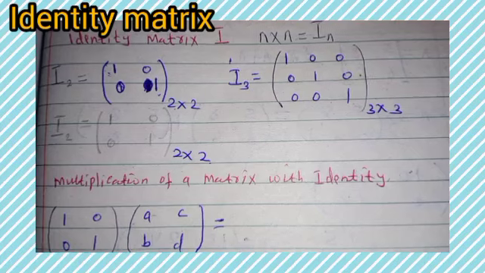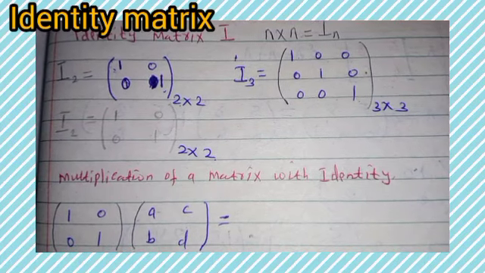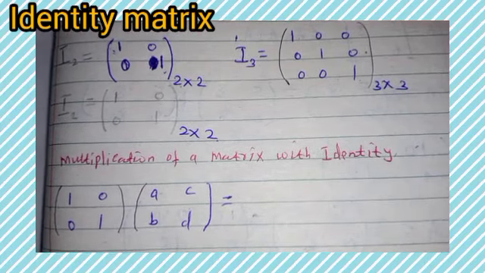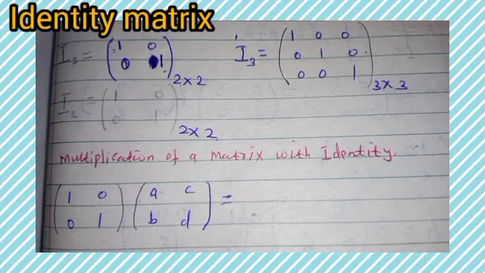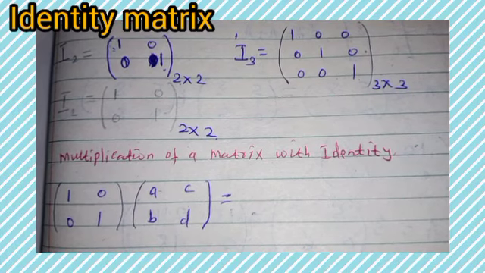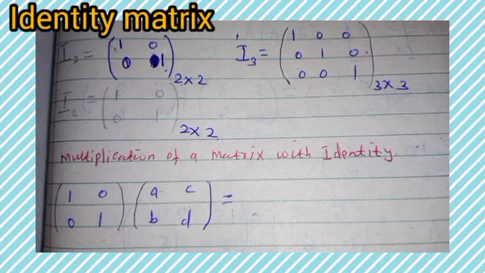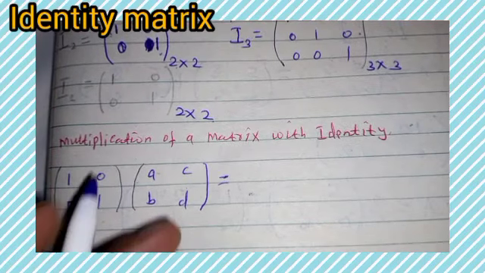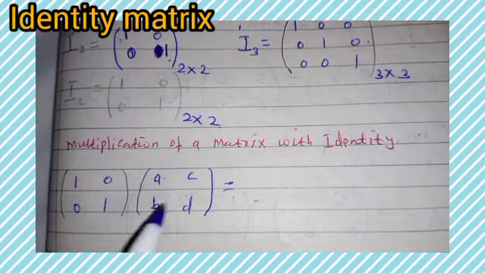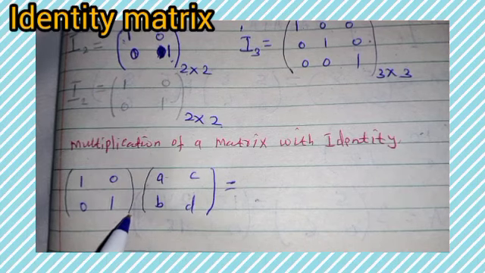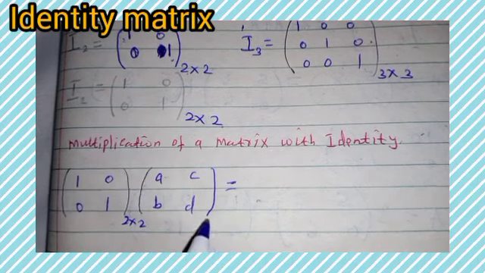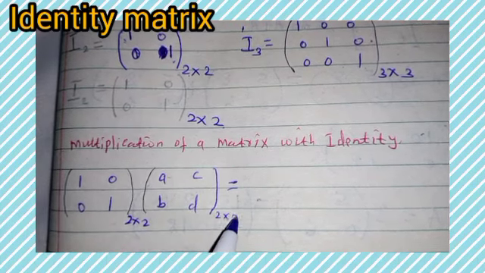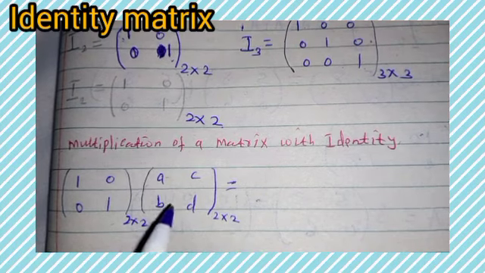Now, multiplication of a matrix with the identity matrix does not affect the result. The identity matrix is called so because it does not affect other multipliable matrices. It retains the identity of the object the way it was. For example, let us see the effect of multiplying this 2 by 2 matrix with this other identity matrix, which is 2 by 2.